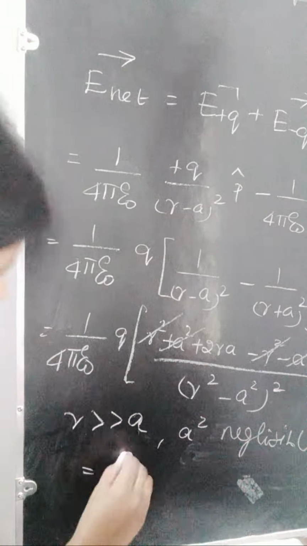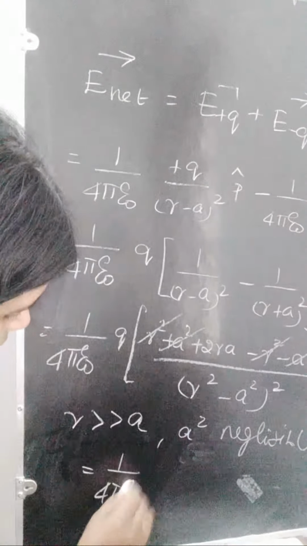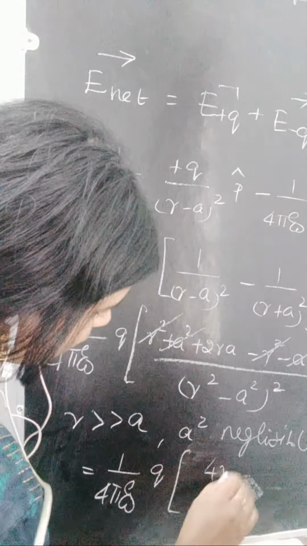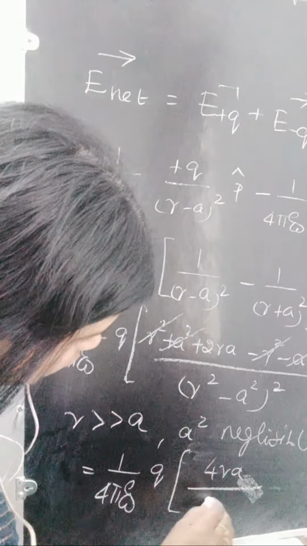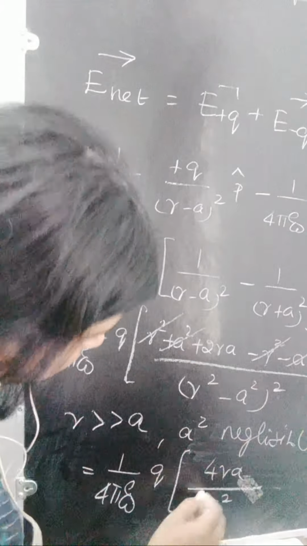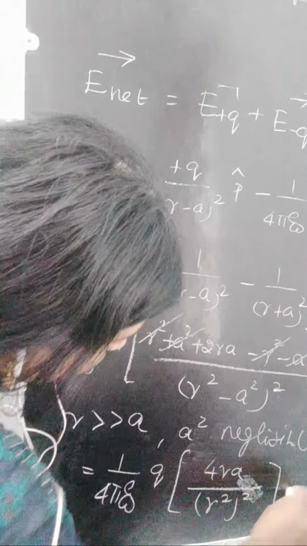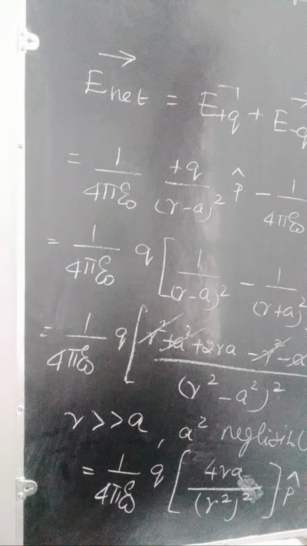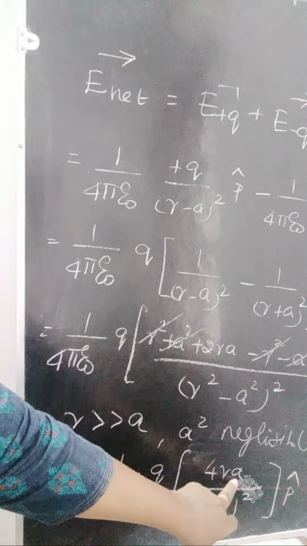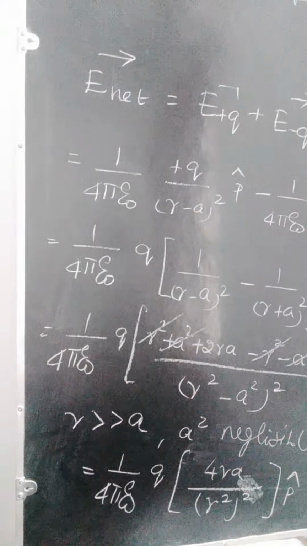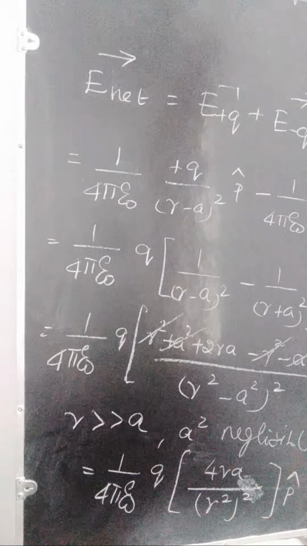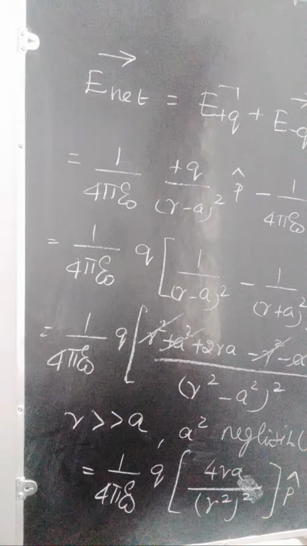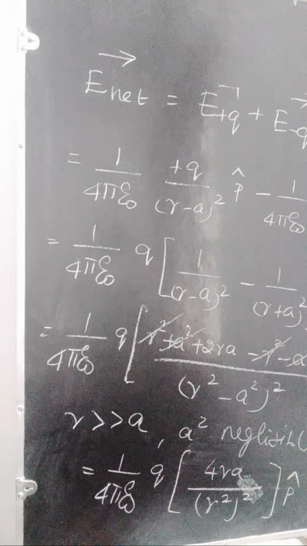So what is the remaining equation? 1 by 4 pi epsilon naught Q into 4RA, then the denominator is R square the whole square, into P cap. Yes? Why didn't we neglect the A in the numerator? Because it is multiplied with R. Multiplying by 0.1 makes a lot of difference, right?